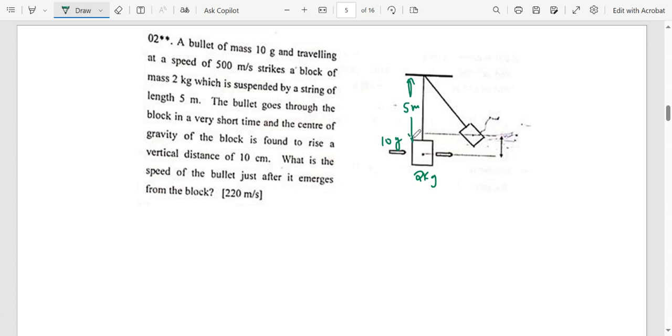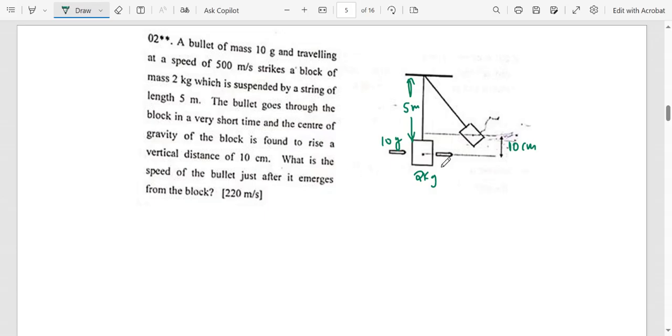Okay, there. The bullet goes through the block in a very short time, and the center of gravity of the block is found to rise a vertical distance of 10 centimeters. So this is 10 centimeters, this vertical distance that it has risen. What is the speed of the bullet just after it emerges?